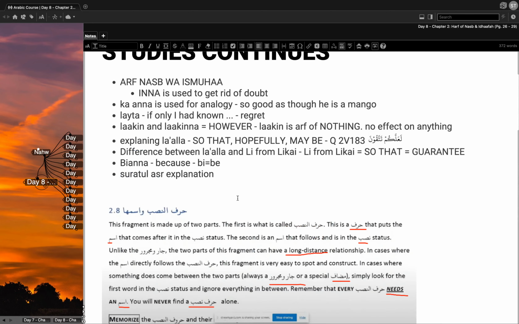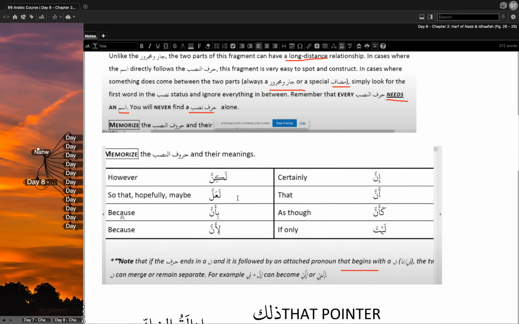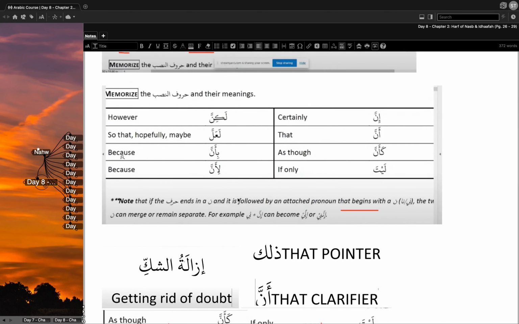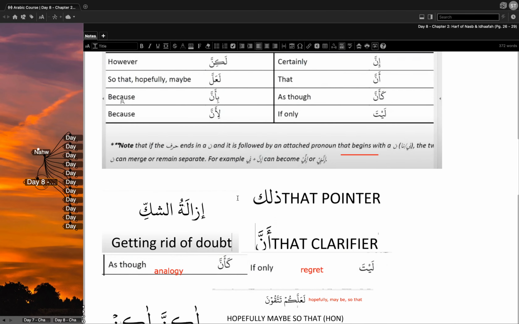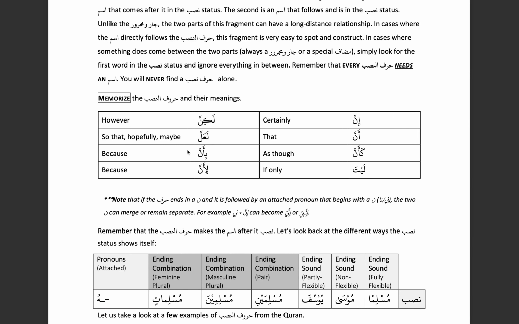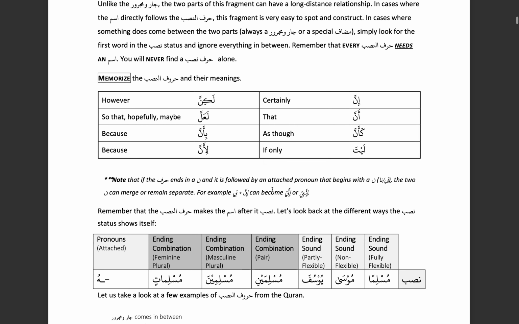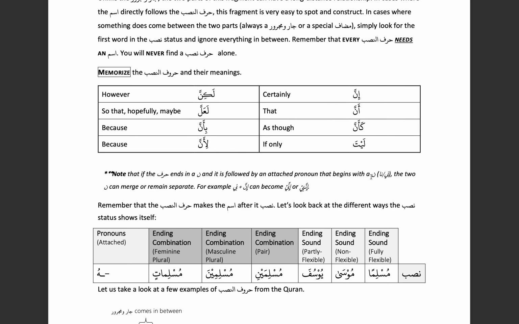And then let me see more. Ka'anna is "as though," just to make a comparison. Bi'anna is "because," and li'anna also is "because." There's also a note: if the harf ends in a noon and it's followed by an attached pronoun that begins with a ni, so ni or na, the two can merge or remain separate.